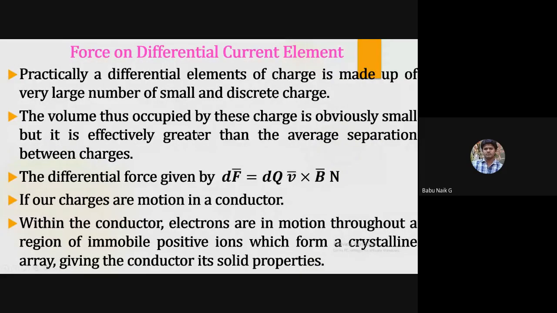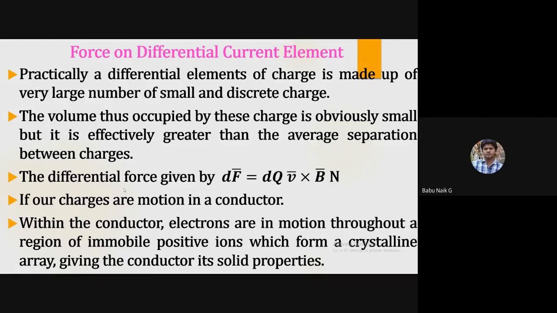When we consider the electrons flowing in the conductor, the volume of one particular charge will be less, but when you take the average of all the charges, it will be more.